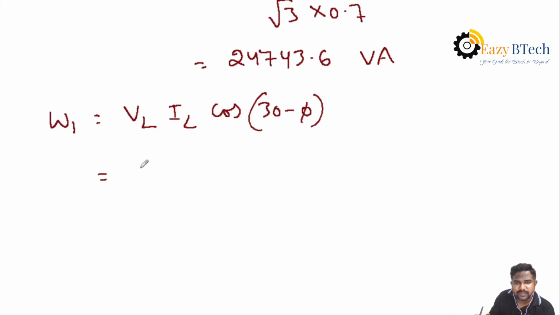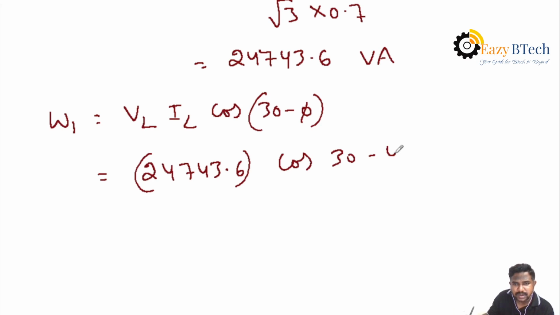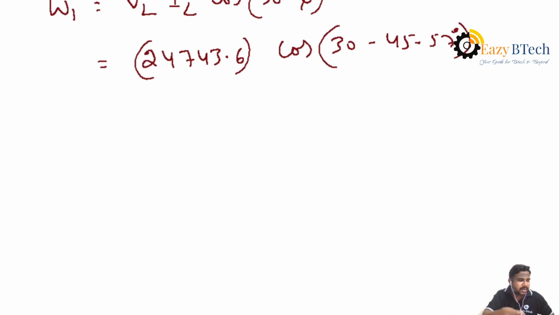We know the value of the product VL IL, that is 24,743.6, into cos of 30 minus the angle phi, which is 45.57. Hence, W1 is 23.84 kilowatts. Cos of minus theta is also cos theta, we know the formula, that's why the value is positive.